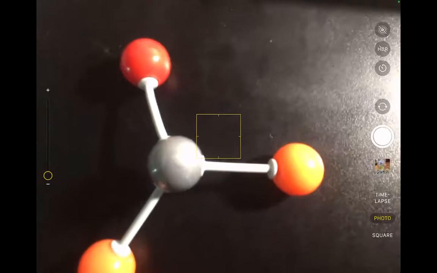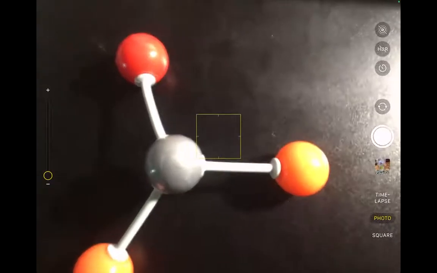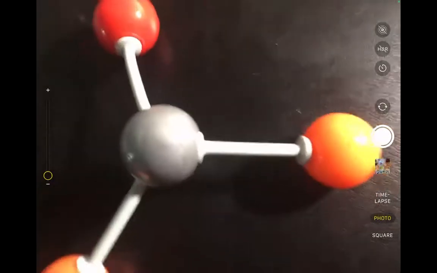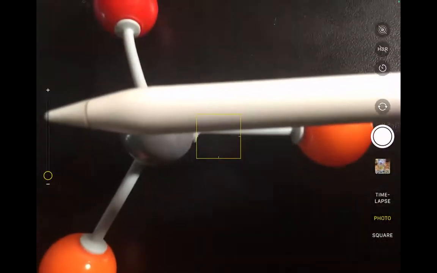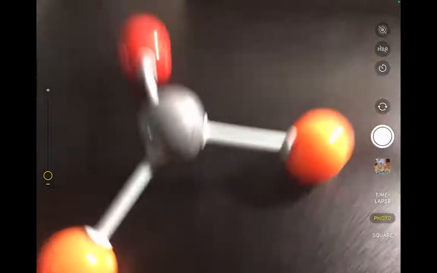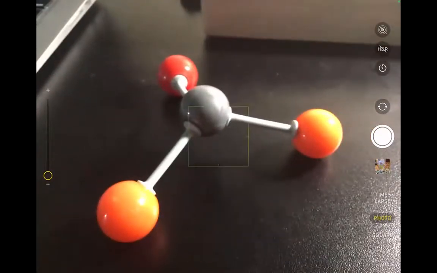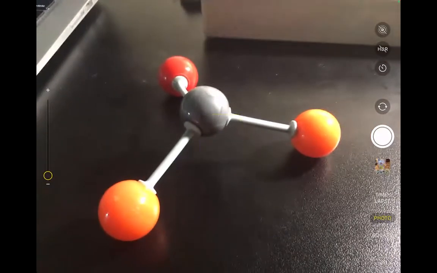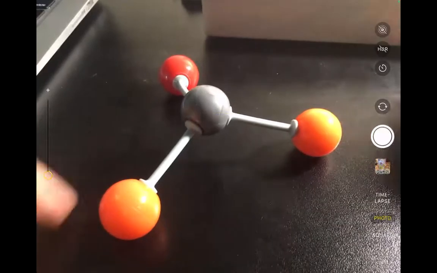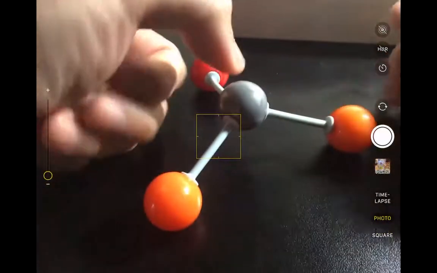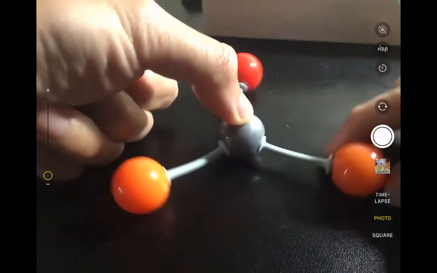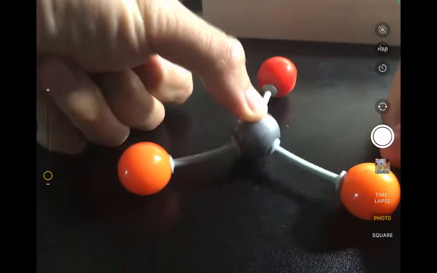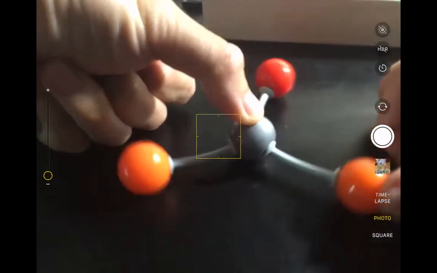Notice how the gray and the orange on the right are in the same plane. They match up. So BF3 is supposed to be trigonal planar. Right now, it doesn't look trigonal planar, but if you push this down, notice how it's basically flat.